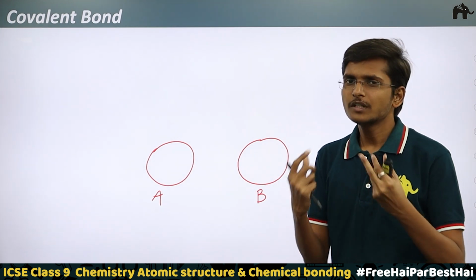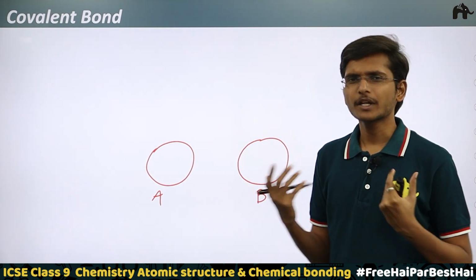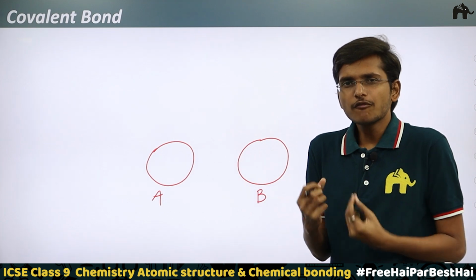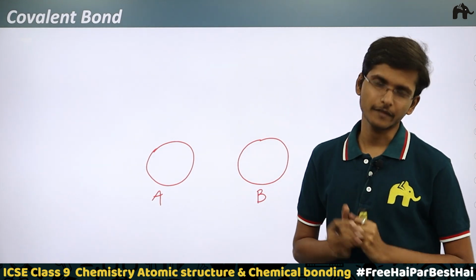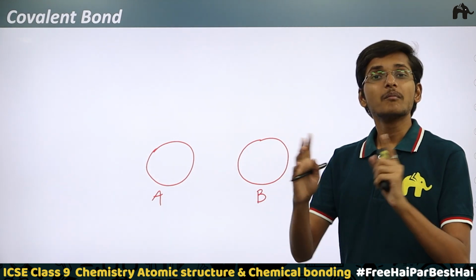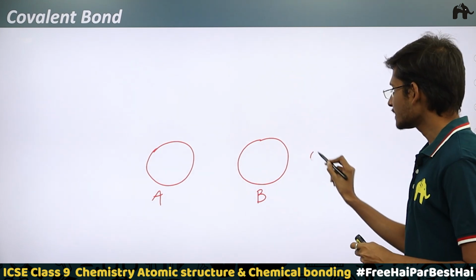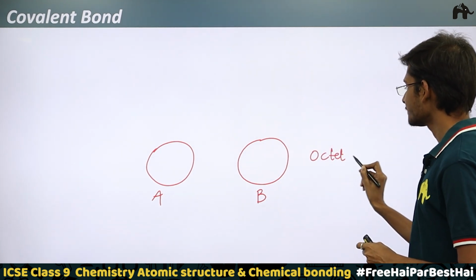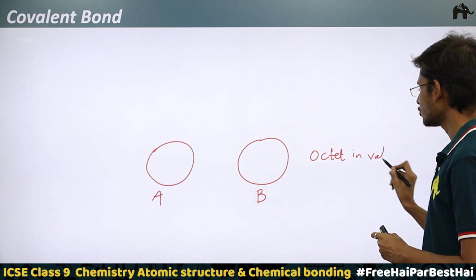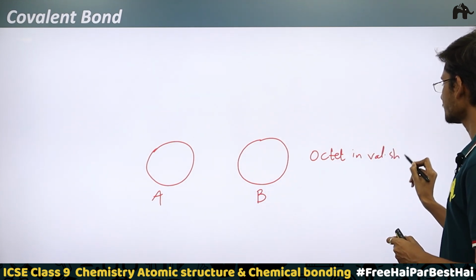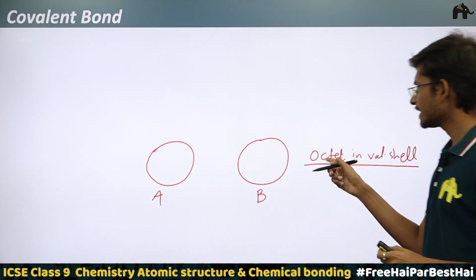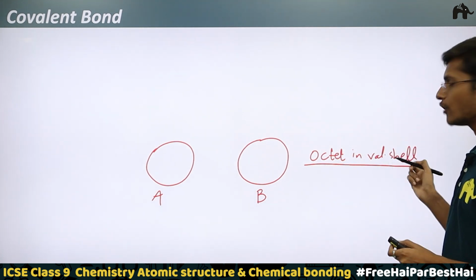These two atoms, atom A and atom B, have some number of electrons, but they want some more electrons to complete the octet in their valence shell. We all know what an octet is: it simply means having 8 electrons in the outermost shell. But the problem here is that atom A and atom B both have 7 electrons each in their outermost shell.